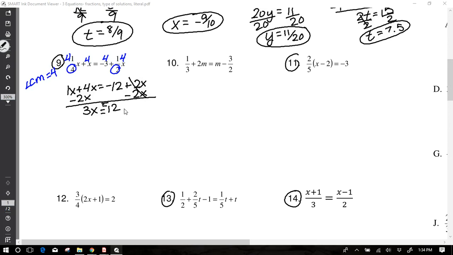Lastly, I'm ready to divide by the coefficient of my variable term. And I come to the conclusion that x equals 4, which is a nice pretty number. I'd like for you to, again, pause the video and try number 10 on your own.